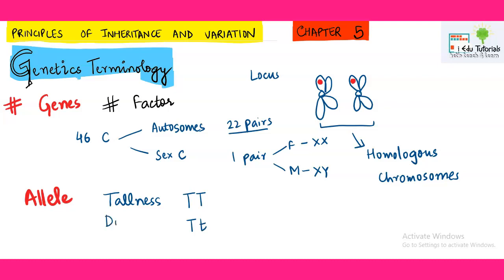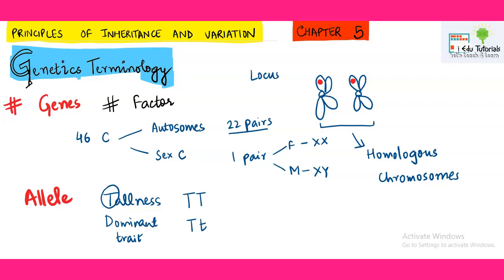Remember, tallness was the dominant trait, and whenever we take the alphabet, it is always the first alphabet of the dominant trait. So we are talking about tallness, which is a dominant trait. So that's why I have taken capital T.